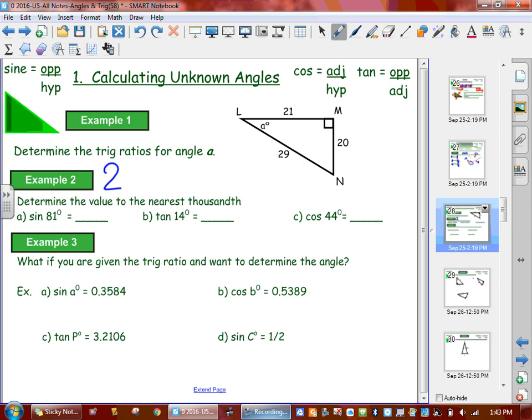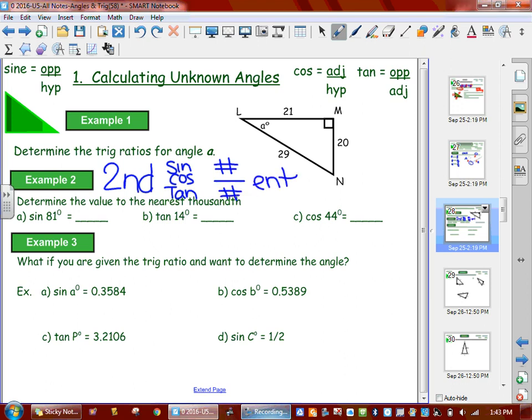Whenever we find an angle, we need to use second before we hit tan, or second before we hit cos, or second before we hit sine. Again, it's only when we find an angle. So we would go second and then sine, cos, or tan. And then we would do our numbers: number, divide by, number, enter. And that's how we put it into our calculator.